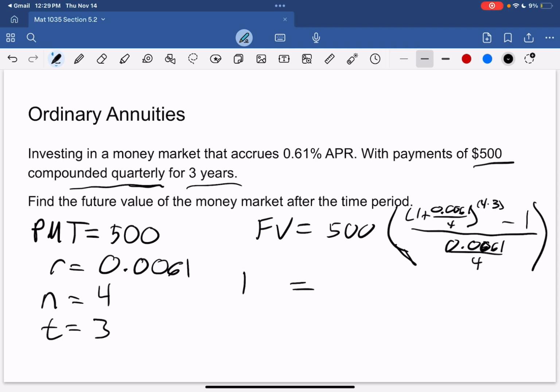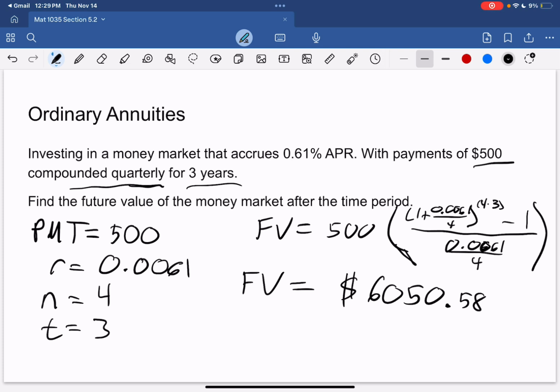So we plug it in the calculator, and we find that if we made payments of $500 every 3 months for 3 years with this interest rate, we would have $6,050.58. And you can kind of think, okay, does this answer make sense?